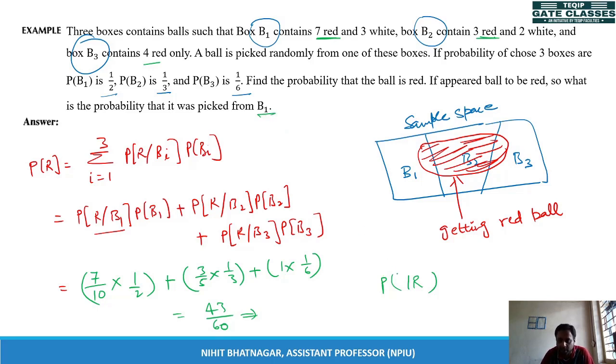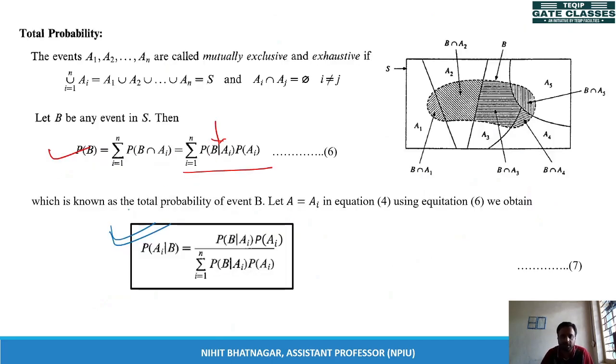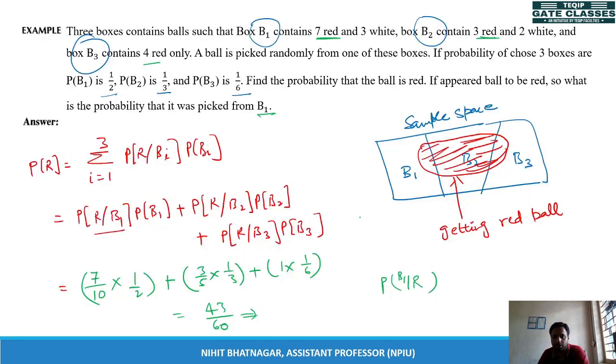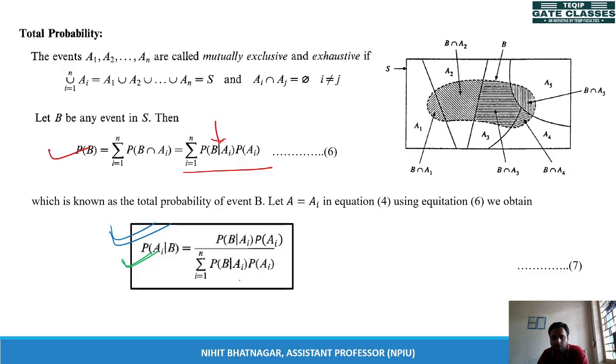So this equation is like this: P(B1 given R) is equal to probability of red ball from B1 into P(B1) upon probability of getting a red ball.